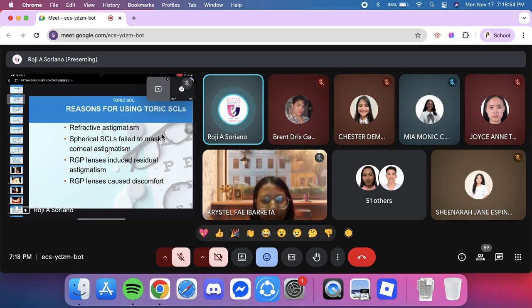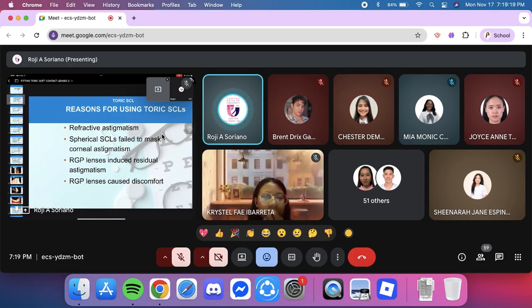Reasons for using toric contact lenses, of course, refractive astigmatism, where spherical contact lenses failed to mask in the form of masking, correct? I explained about masking, correct? Yes. So, RGP lenses induced residual astigmatism, meaning to say if it's corneal, that is not in the manifest.